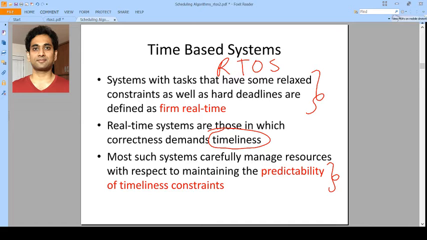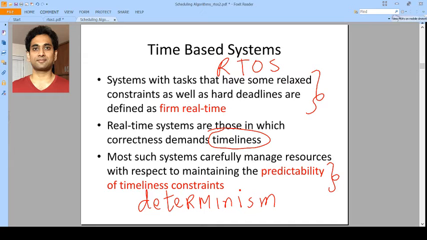We will talk about determinism in the coming slides, that is our ability to predict, within certain probability limits, what task is going to complete within its deadline.